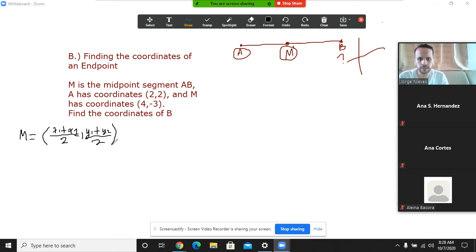So the question that I ask is, what do we have now? Do we have the same given things or something different? Who can tell me quickly? Which coordinates do we have? Those of A and those of M. Thank you, Ana. So we got M already. So M has coordinates, if we look at the example, of 4 and -3.